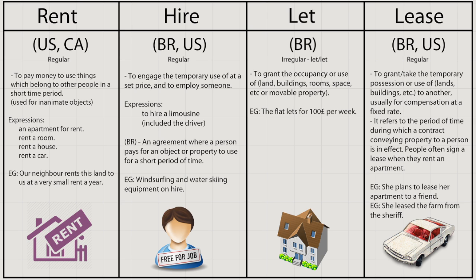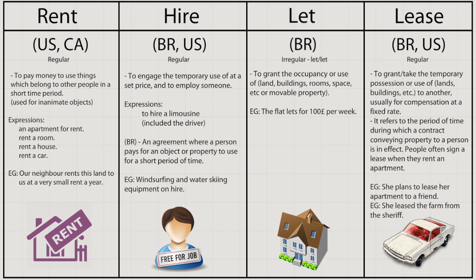In British English, it is an agreement where a person pays for an object or property to use for a short period of time. So the example I gave here is windsurfing and water skiing equipment are on hire, okay? That means that you can hire equipment, you can hire things. In US English it is not possible.